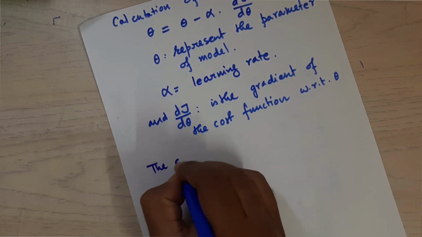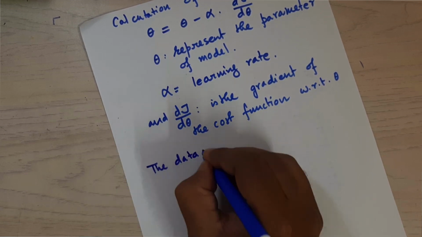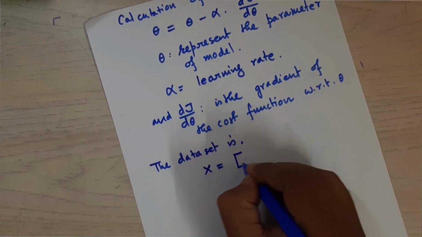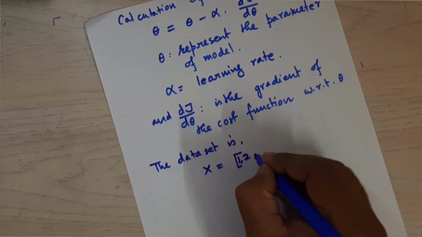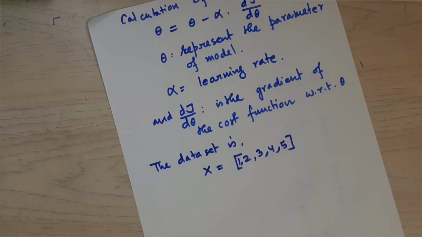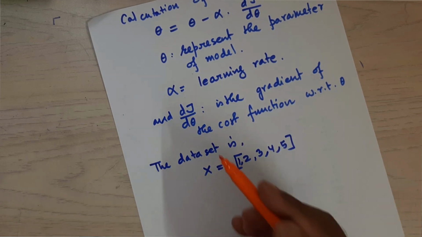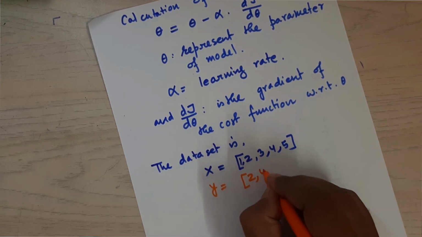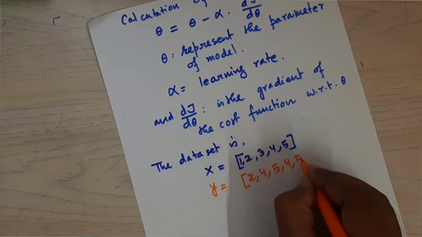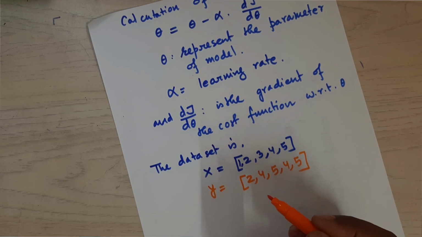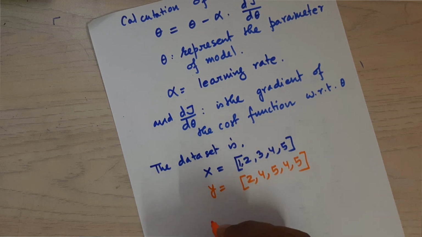So the data set is x is equal to just some random numbers and y is equal to some random numbers. Our goal is to find the best prediction for this data using the mean squared error as our loss function.